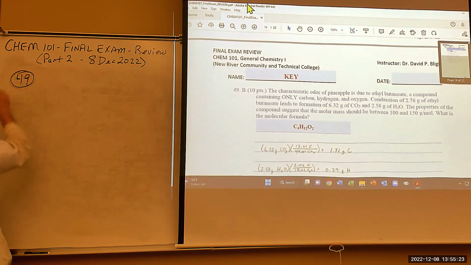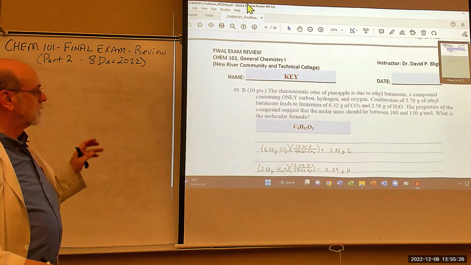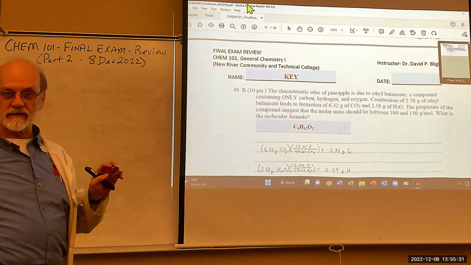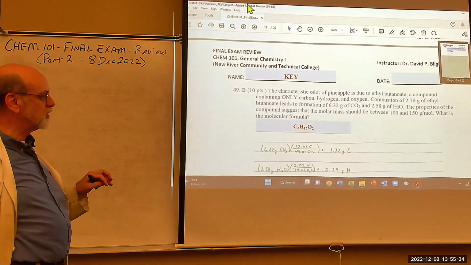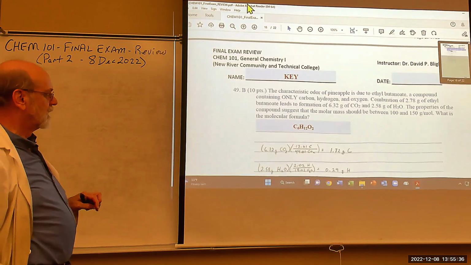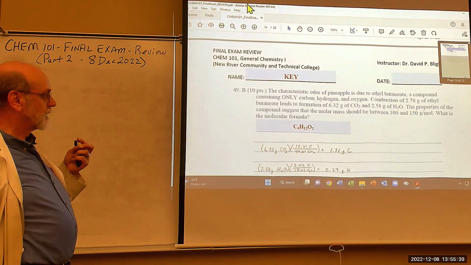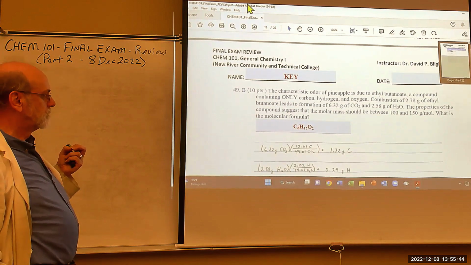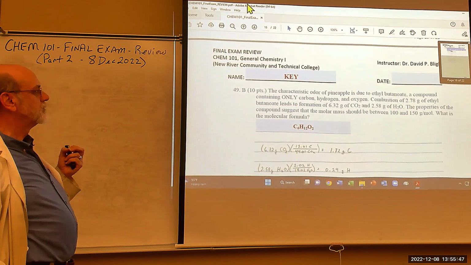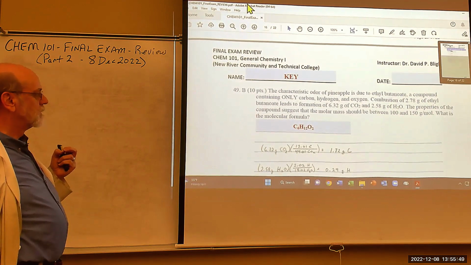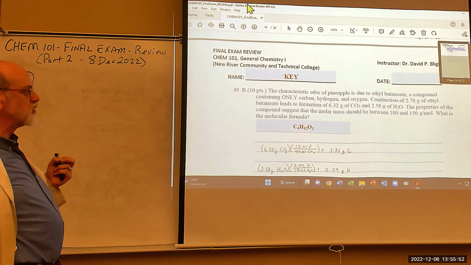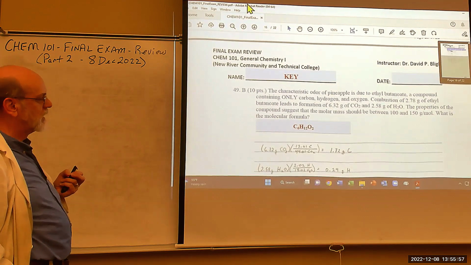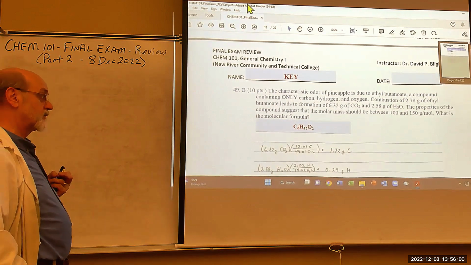What we have here is calculation of the molecular formula for this compound, ethylbutanoate. And you're given the combustion of 2.78 grams of this compound leads to the formation of 6.32 grams of carbon dioxide and 2.58 grams of water.